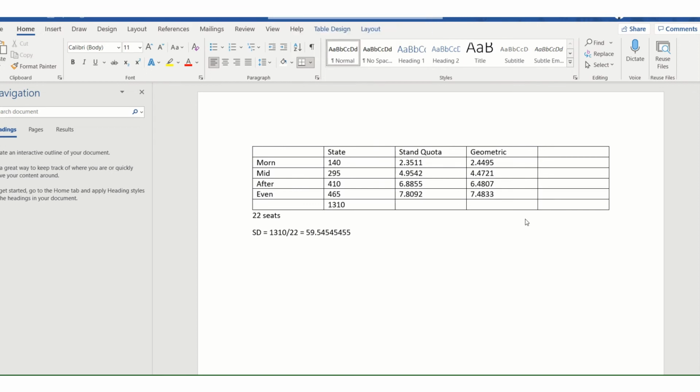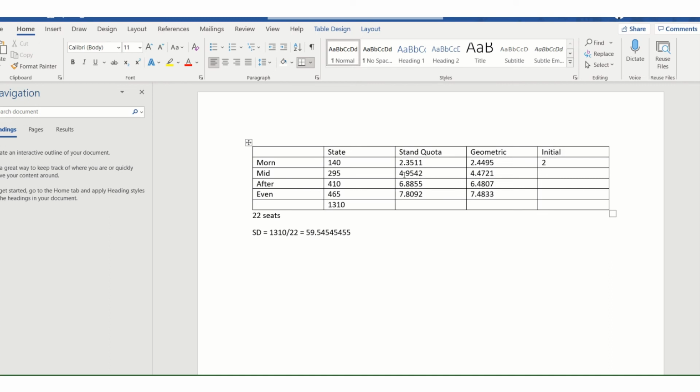All right, so now let's compare our standard quota to our geometric mean. If this is lower than the geometric mean, we round down. If it's higher than the geometric mean, we round up. So 2.3511 is lower than 2.4495. We will round down. I'm going to label this as initial allocation there.